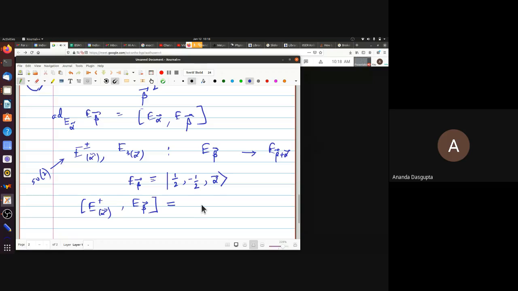What's the result? I know it has to be E beta plus alpha, of course. But more than that, we know something more. We know the factor in front. Or, first of all, we know it has to be half alpha, right? If you are using the SU2 way of writing this thing down. But in front of that, there should be a factor. How much should that factor be?